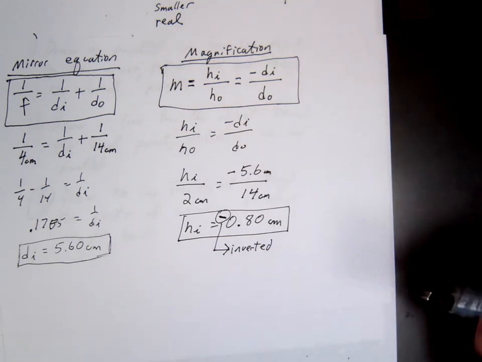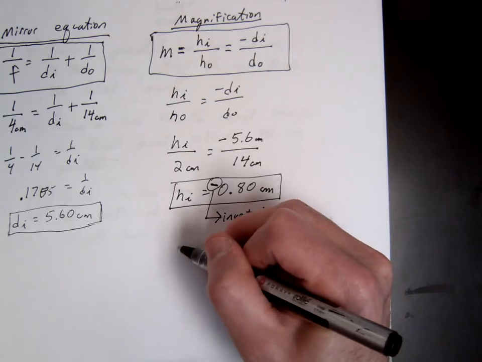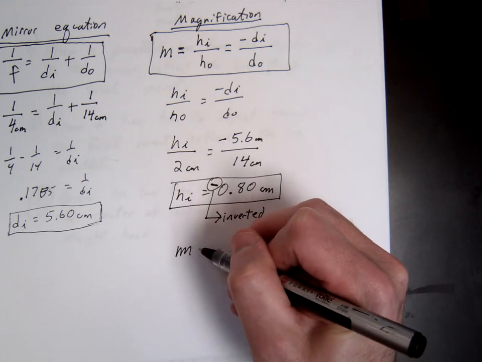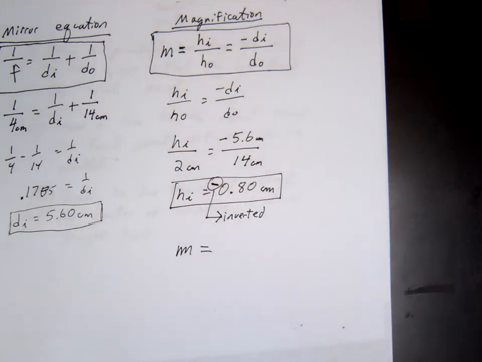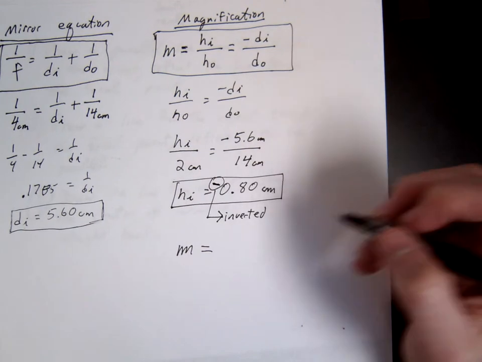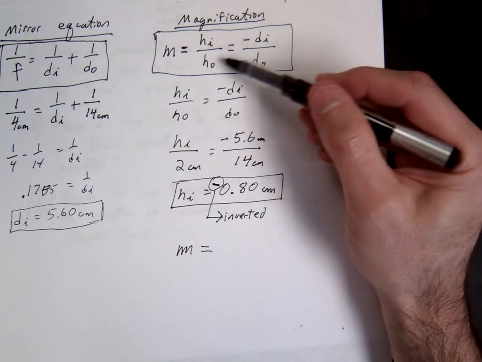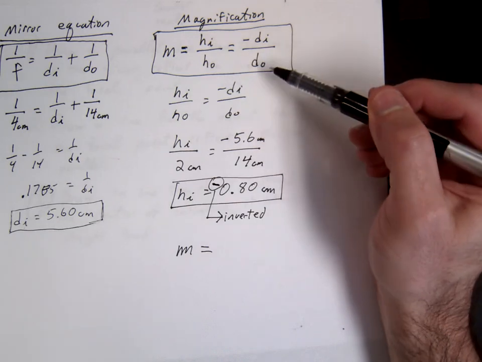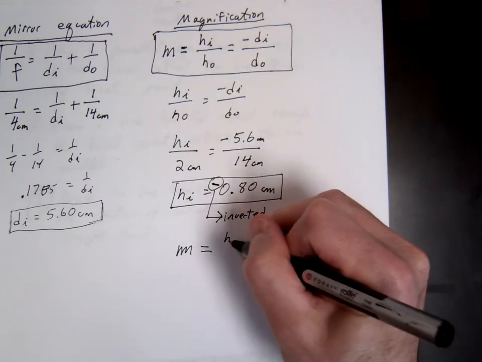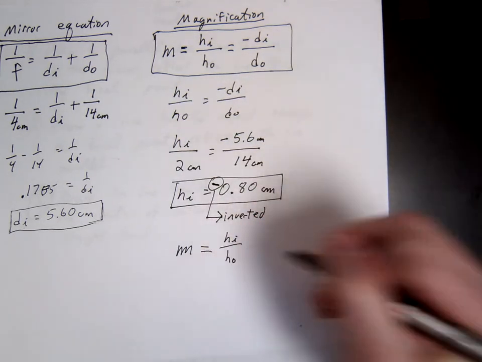Okay, last thing we're going to calculate is the magnification. M equals, well, at this point you can use either thing. HI, HO, DI, DO. I'm just going to use HI over HO because that's the true concept of magnification.